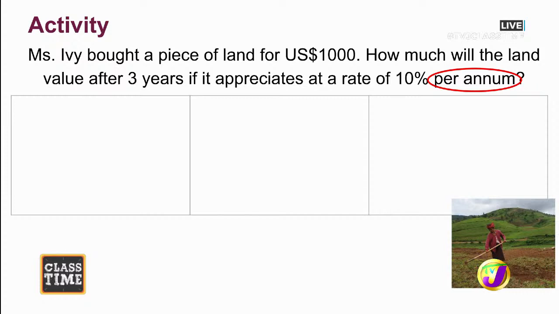All right. So based on this question, Latoya, Miss Ivy's piece of land, she bought it for US $1,000, right? And we spoke about this earlier, that land's value appreciates. Definitely. And so it's said to appreciate at a rate of 10% per year. So that sounds like 10% is being added on to it each year.